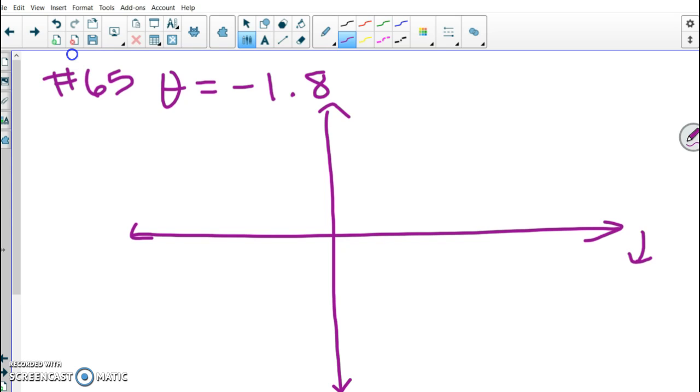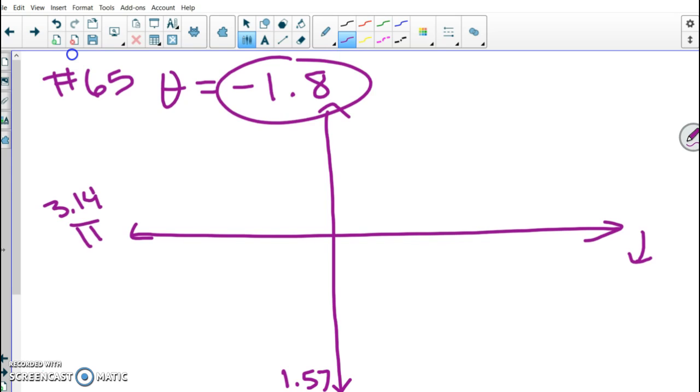I want you to think about this value pi, 3.14, half of that gives us 1.57, and our angle measure is negative 1.8, so we're going to come around just past that negative y-axis, and that would give us very roughly negative 1.8 radians.